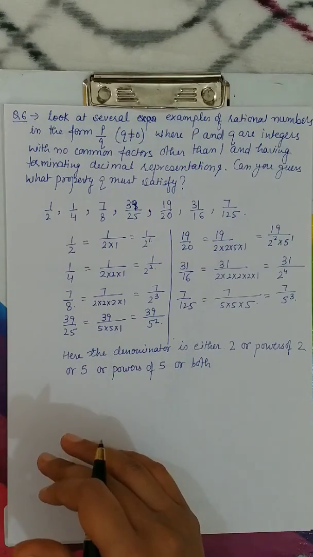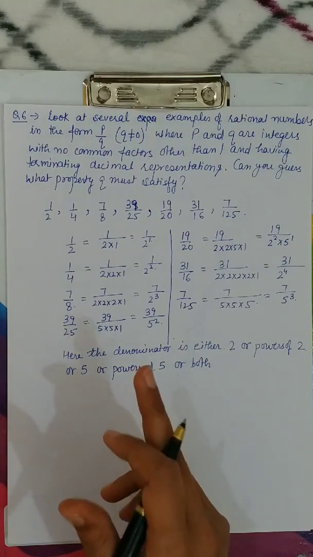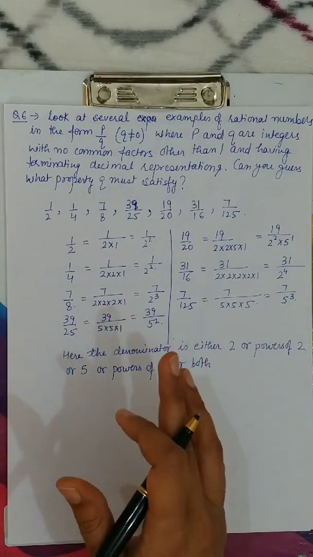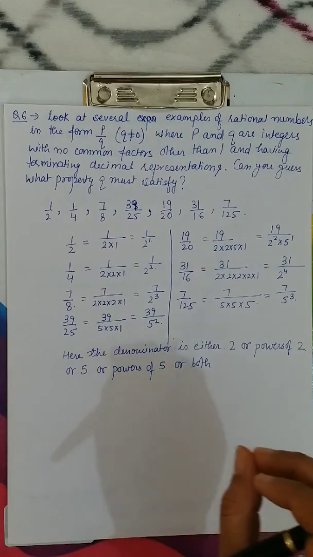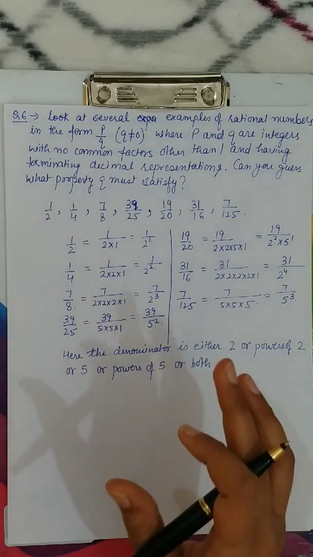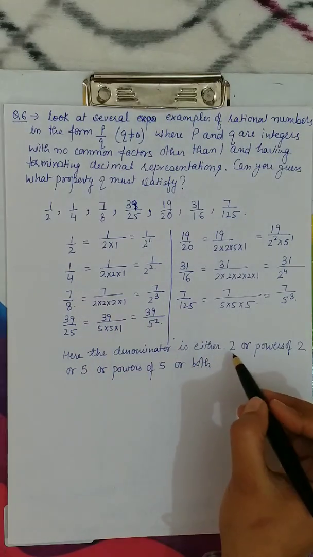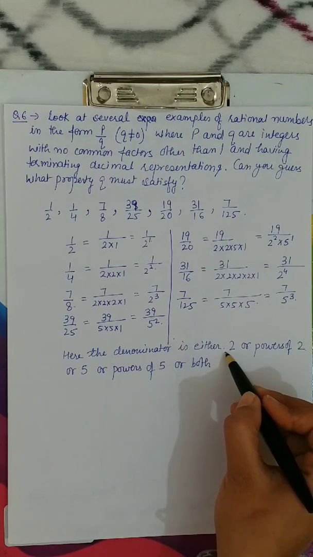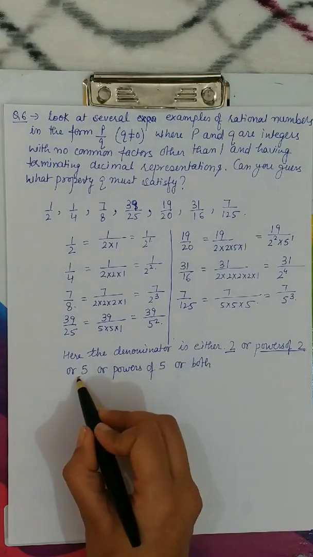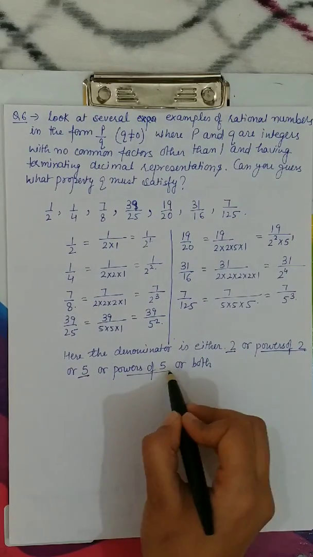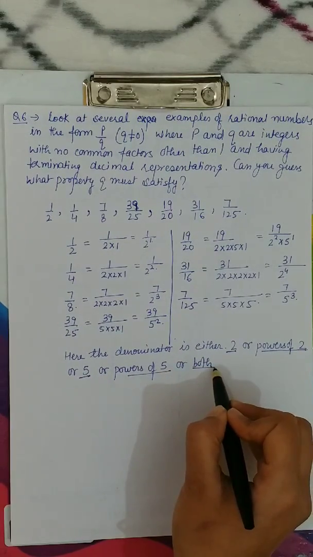It means when p by q has a terminating decimal expansion, the q must be either 2 or a power of 2, or 5 or a power of 5, or both. Like we have both.